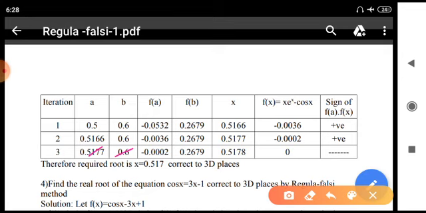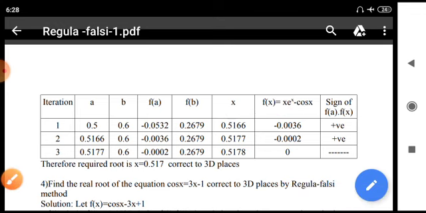B we will write as it is. F of a is already calculated. F of b is the same. So if you calculate x, what we get is 0.5178, and f of 0.5178 is 0, which means 0.5178 is the exact root of this equation.